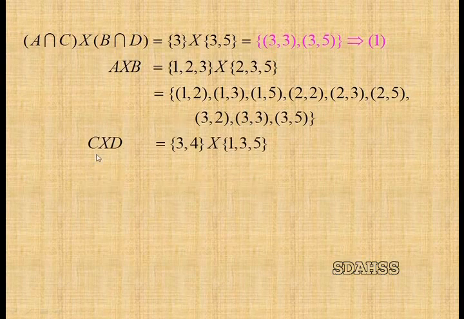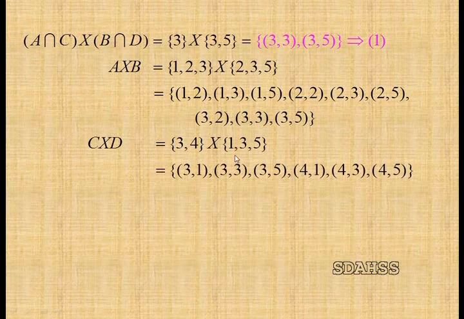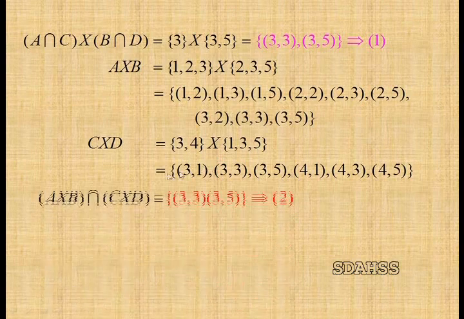Then you find C cross D. Here the set C is {3, 4} cross set D is {1, 3, 5}. So this can be written as (3,1), (3,3), (3,5), (4,1), (4,3), (4,5). Then you find (A cross B) intersection (C cross D).